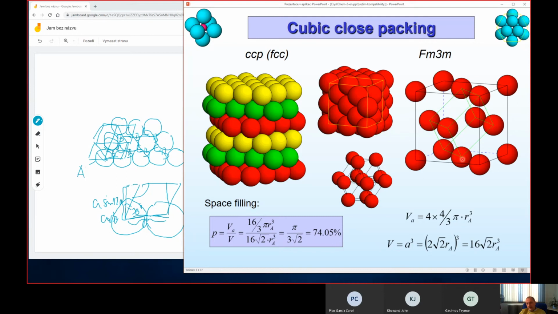So this and this and this atom must be touching in order to preserve the close-packed structure. And this face diagonal is equal to a times square root of 2.